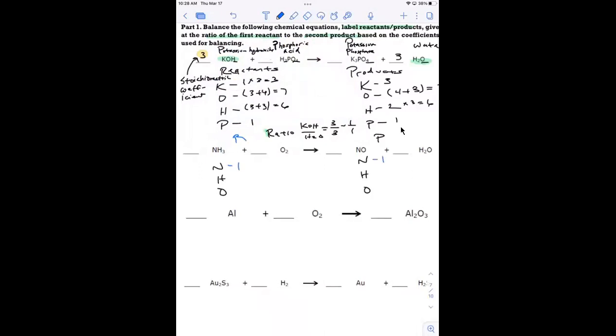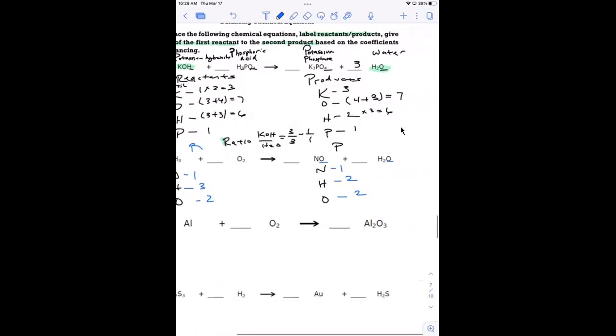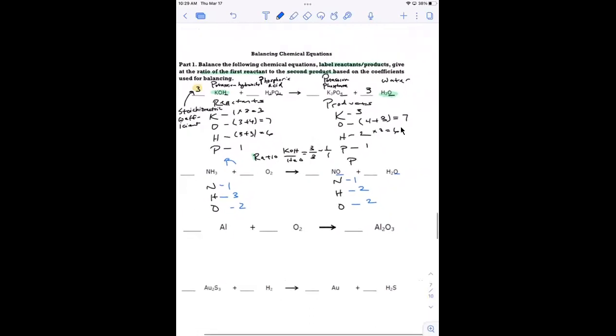How many hydrogens? 3 in your reactants and 2 in your product. And how many oxygens? No, where you see it 2 over here? There's 2 oxygens, one in NO and one with water.